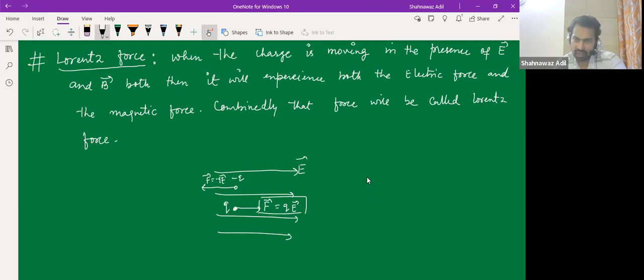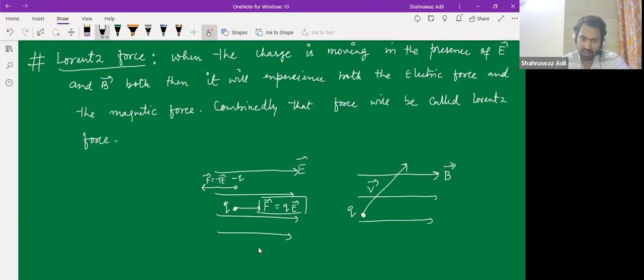And if the charge is traveling, let's say the charge is moving like this in the presence of a magnetic field, this is the velocity. In here, the electric force is QE. And in here, what is the magnetic force?